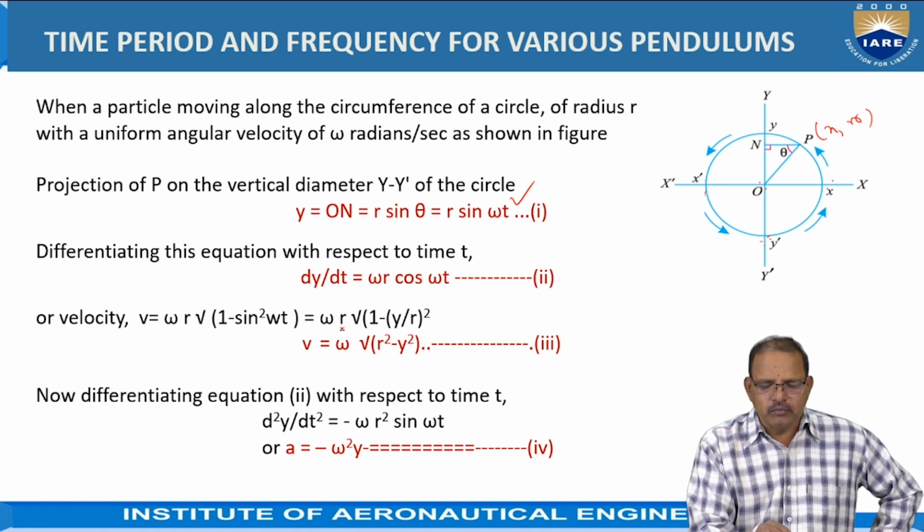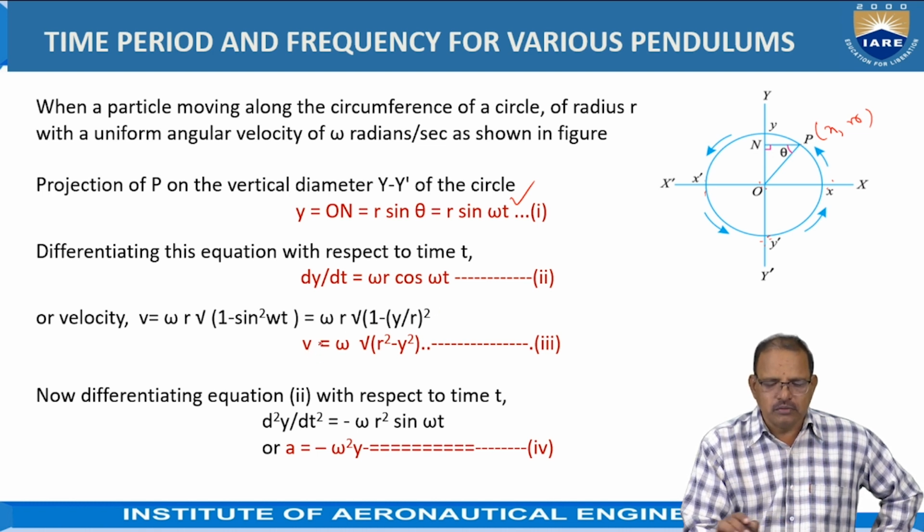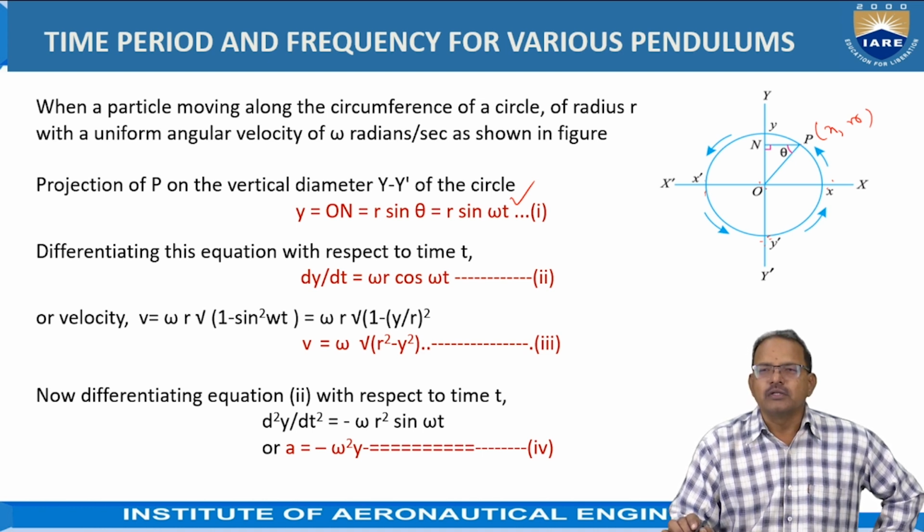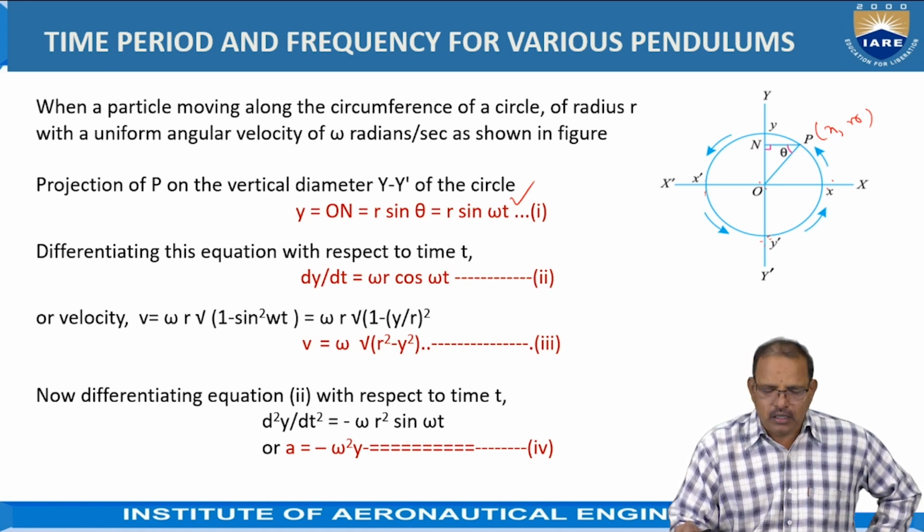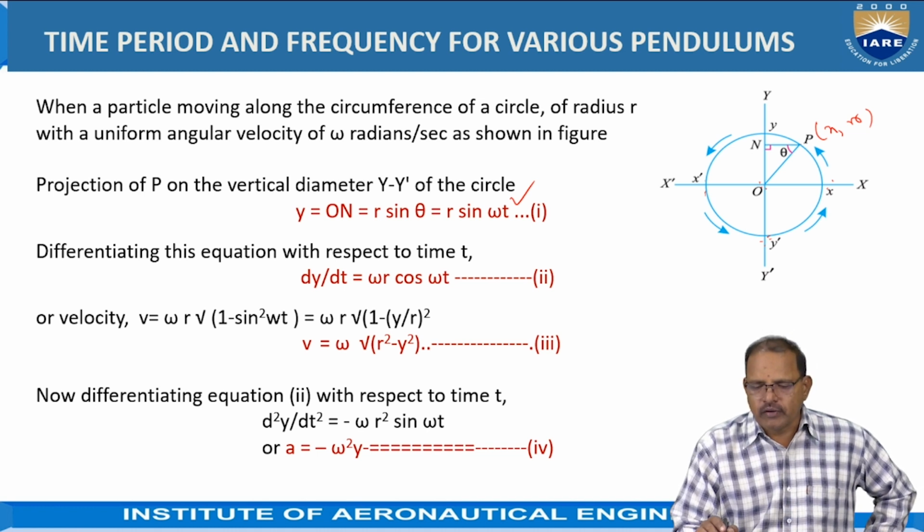It can be written as omega into r into under root of 1 minus (y by r) whole square, or v is equal to omega into under root of r square minus y square. From this relationship we can determine the velocity of the oscillating body. It is obtained by using v equal to omega into under root of r square minus y square, where v represents velocity at a distance of y from the center of the circle.